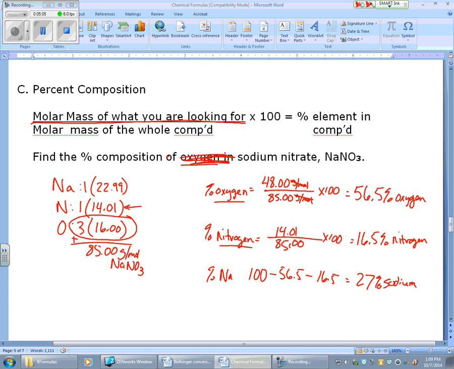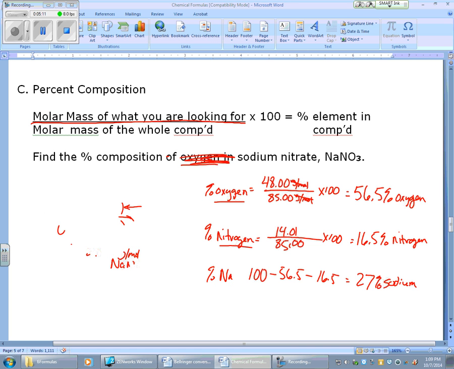We can expand this a little bit further, and we can talk about the percent of water in a hydrate. The way we find the percent water in a hydrate is going to be the exact same way. It's the molar mass of what you're looking for over the molar mass of the whole compound.